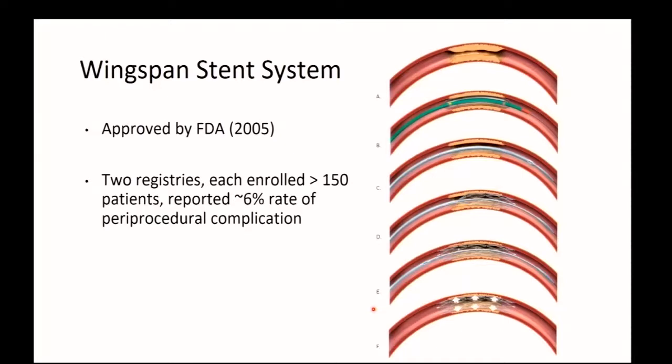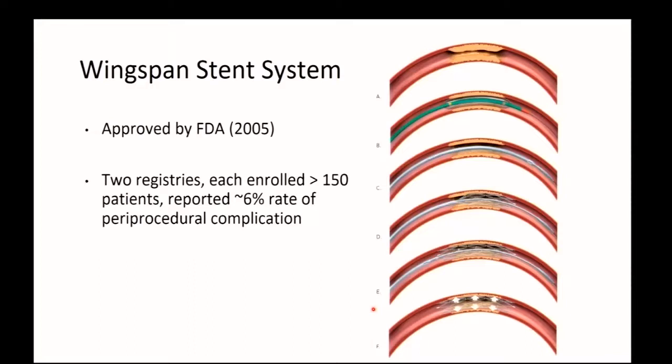Remember, at that time, in the early 2000s, we had a risk of recurrence of 16, 17%. So with the Wingspan system, they had a periprocedural complication rate of 6%, but that was acceptable. So the FDA went ahead and approved the Wingspan stent system.